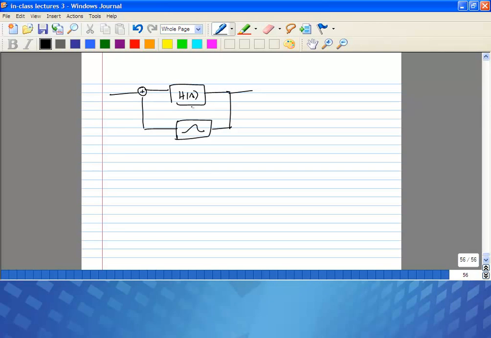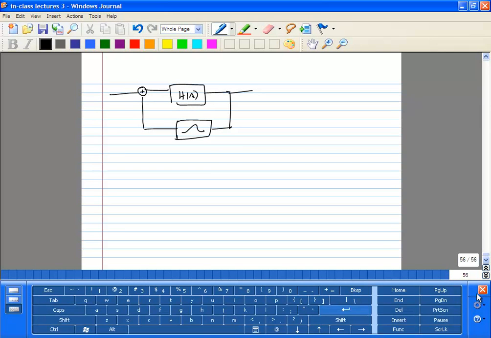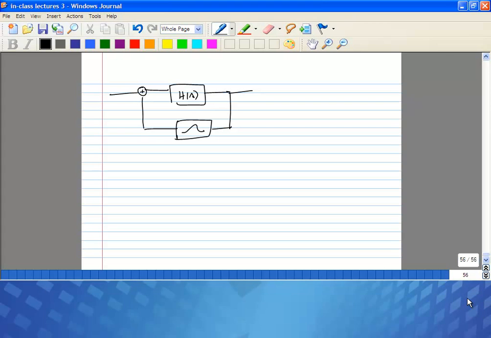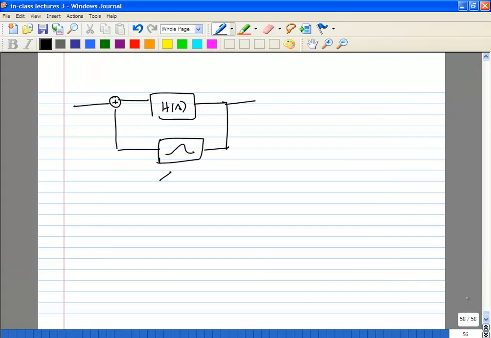So if you look at most RF oscillators, they implement something like this, except they also add an RLC network here. It's a frequency selective network which helps to set the frequency of oscillation.